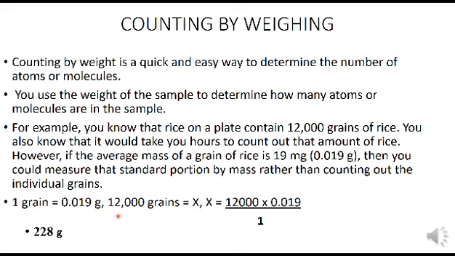how many grams will 12,000 grains have? So we calculate x, and the x shall be 12,000, the number of grains, times the mass of 1 grain, 0.019, divided by 1, because 1 grain has got this mass.